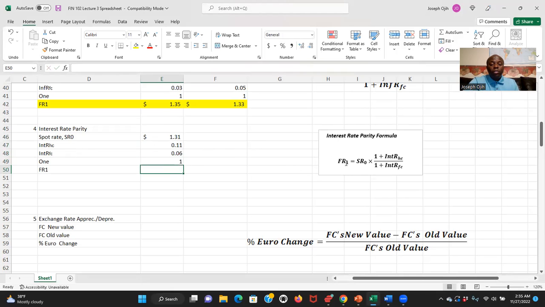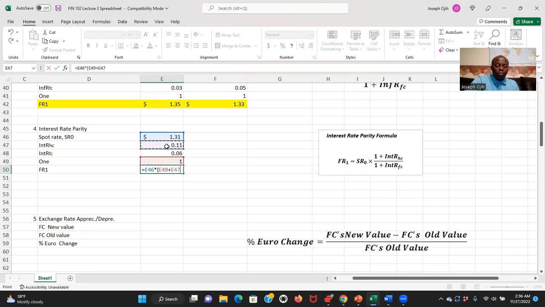So let's calculate the forward exchange rate. Put an equal sign, then click on the spot rate, times, the asterisk sign, parentheses, 1 plus the interest rate in the home country, which is 11%.